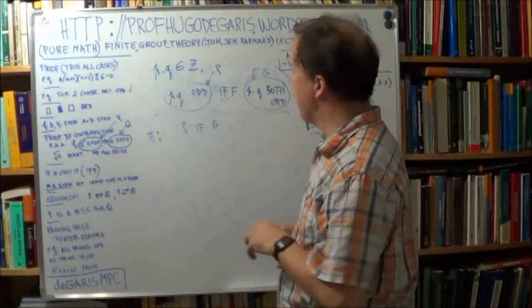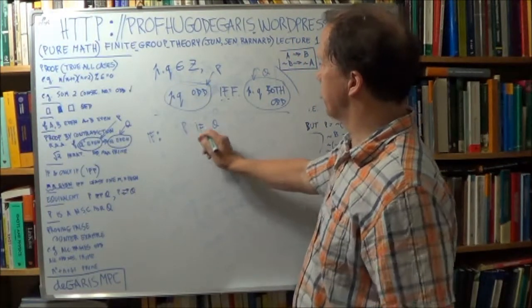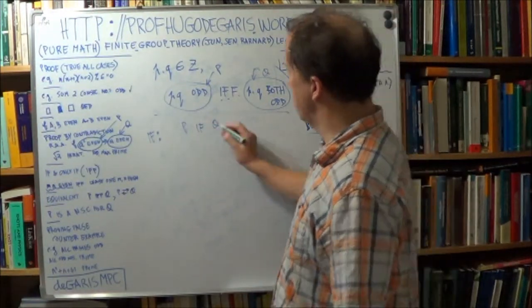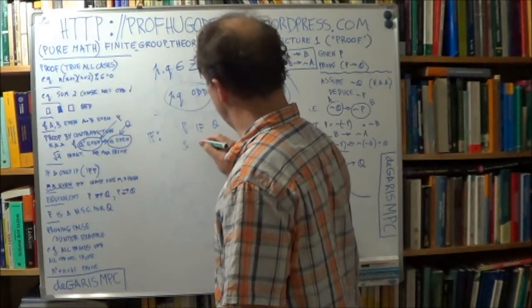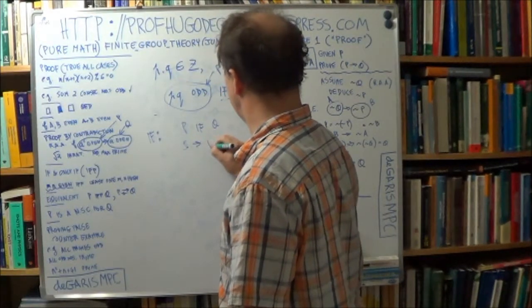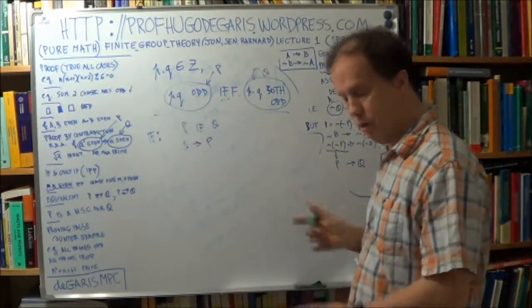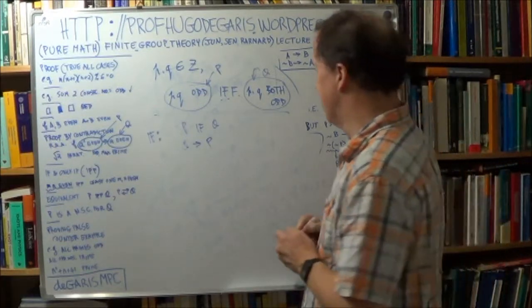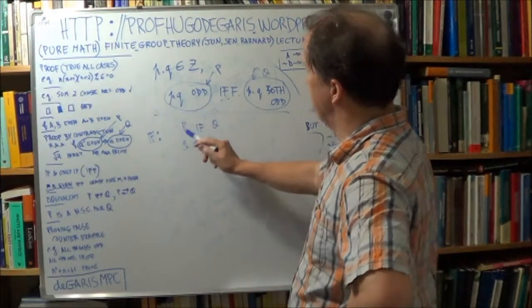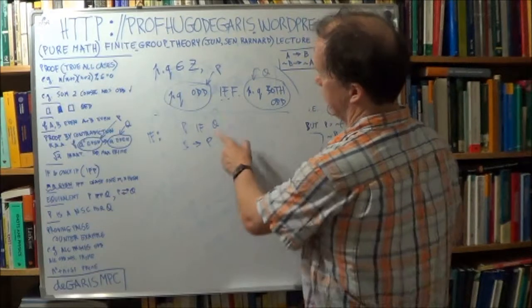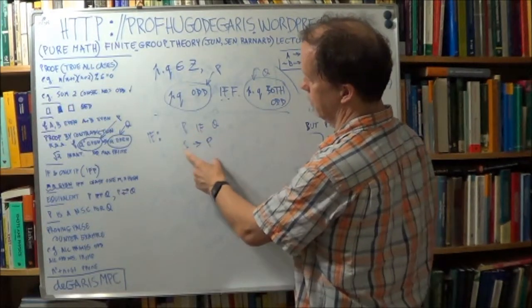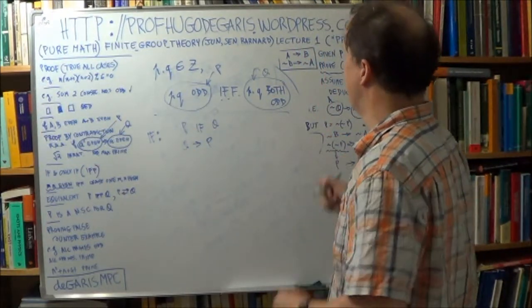P is true if Q is true, so we can rewrite that as: if Q, then P. Remember from the theory of if and only if? So that's what we have to prove.